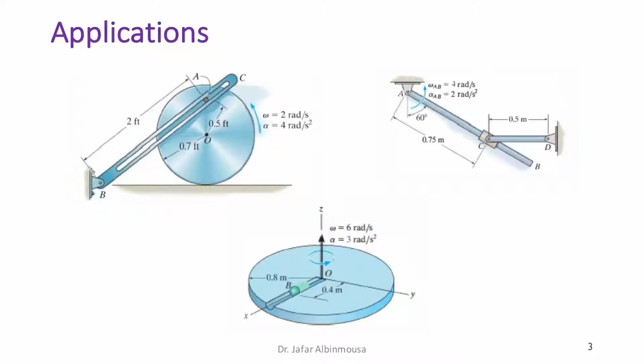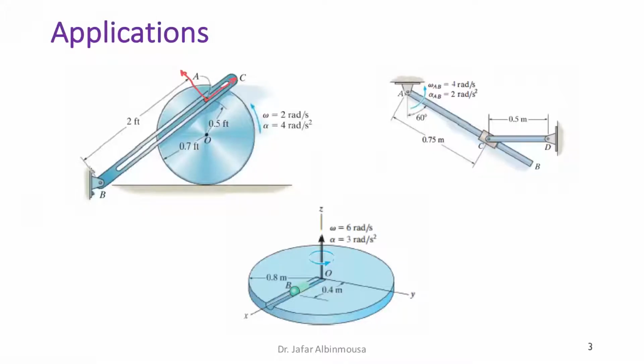So here are some applications. If we consider this point A and we draw a coordinate system at this orientation, then as the disk rotates and moves to the left side, this link will move up, and so point B will translate and rotate.